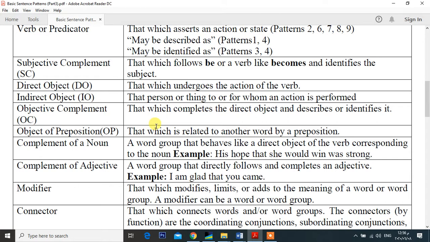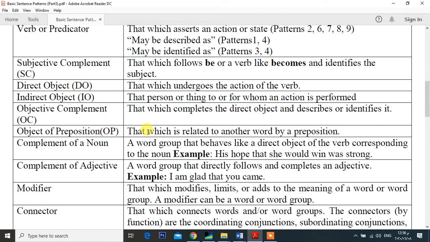In our example here, "where you sit" is an object of preposition, which is here "from."